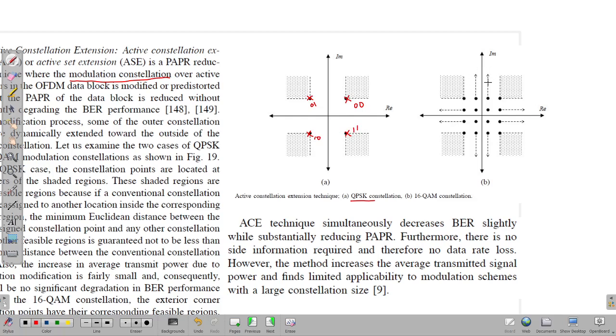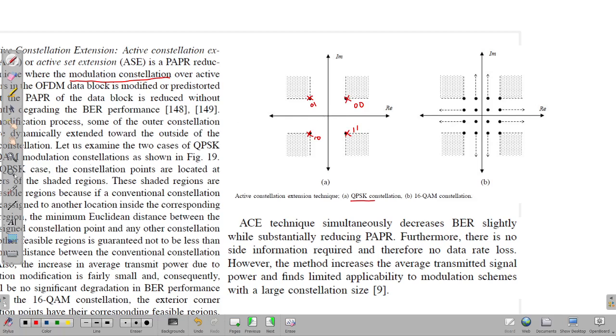What is the reason for PAPR? PAPR arises because of the addition of subcarriers which have the same phase. If I move this constellation point to some other point on this complex plane, which is a constellation diagram having a real and imaginary axis, I am effectively changing its phase value.